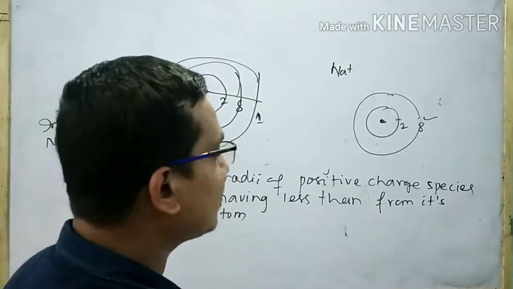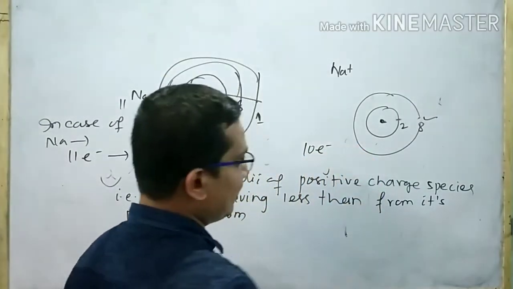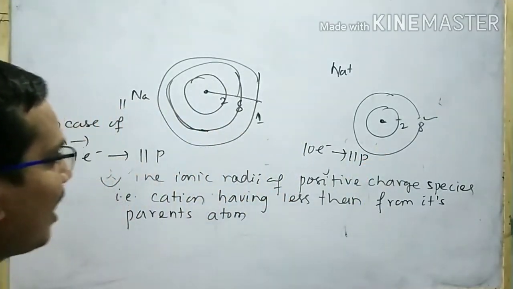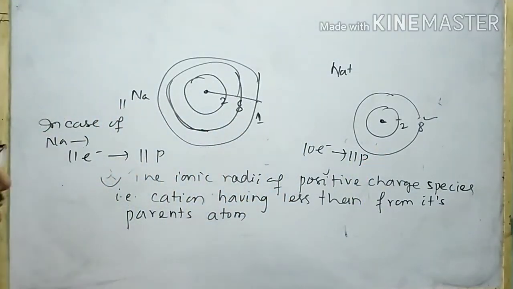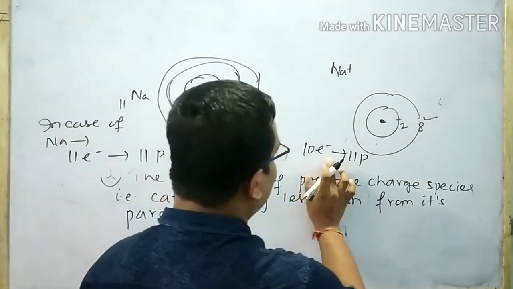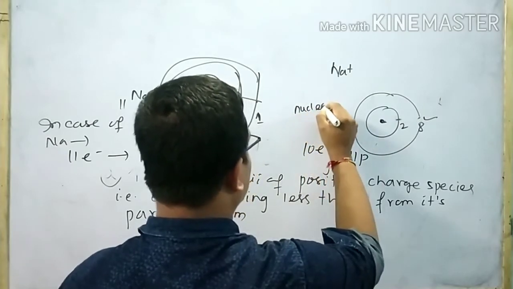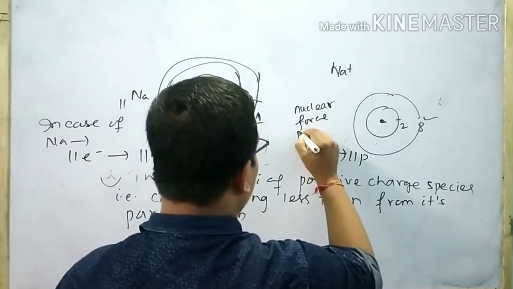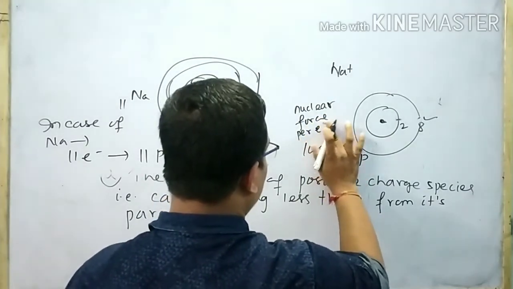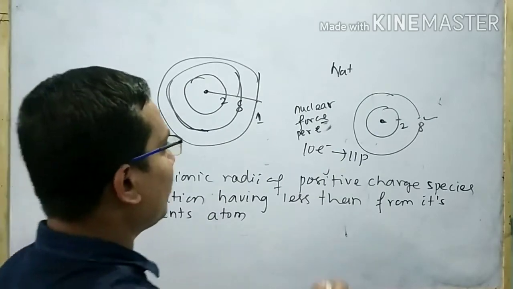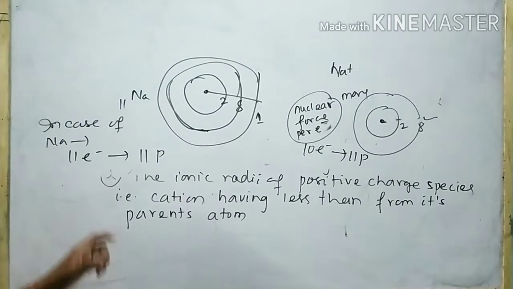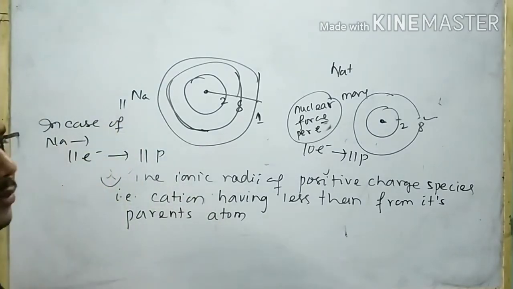In the case of the Na+ ion, 10 electrons are present, but 11 protons are present. If I want to calculate the nuclear force per electron, then in the Na+ ion the nuclear force per electron is more as compared to the nuclear force per electron in the sodium atom.